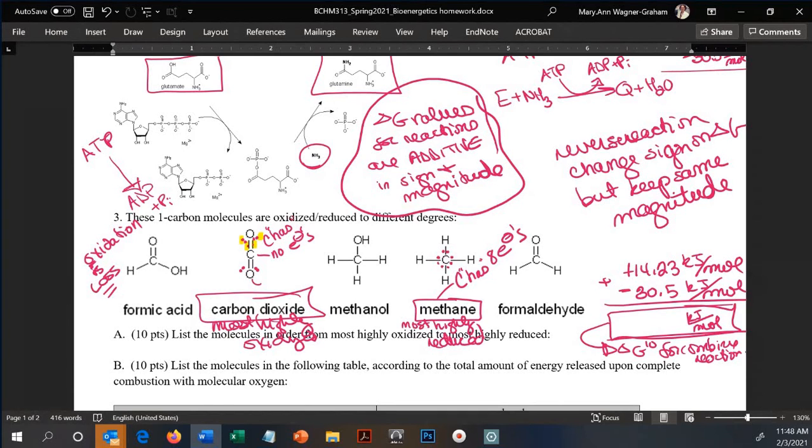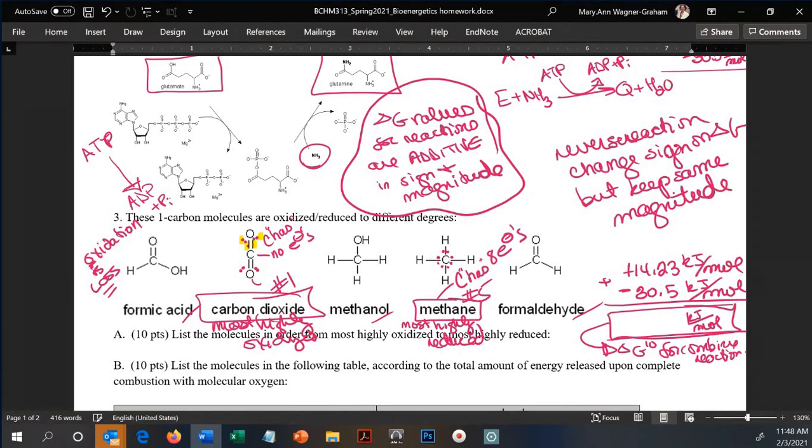So if you follow this logic, you should be able to put these other molecules, methanol, formaldehyde, formic acid, into a series from most highly oxidized to most highly reduced. You're going to start with carbon dioxide. This is number 1 in your series. You're going to end with methane.